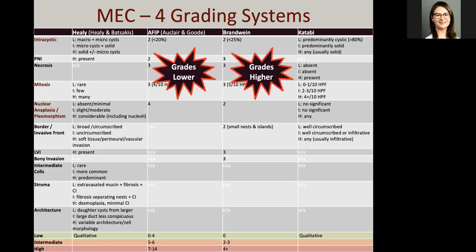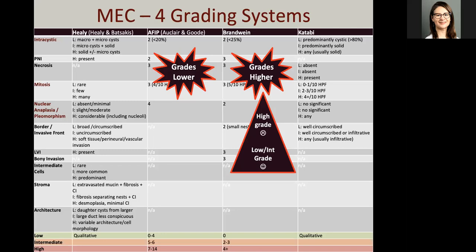And the Brandwein system grades tumors generally higher than the other systems, with Healy and Katabi sort of in between. But in our institutional study of our patients, we found that when a tumor is graded as Brandwein high grade, it does have the potential for biologically high grade behavior. When a tumor is graded as Brandwein low to intermediate grade, these generally behave more like low grade.